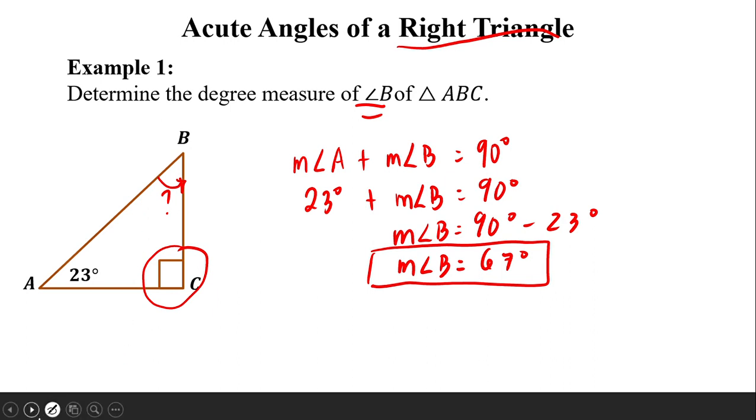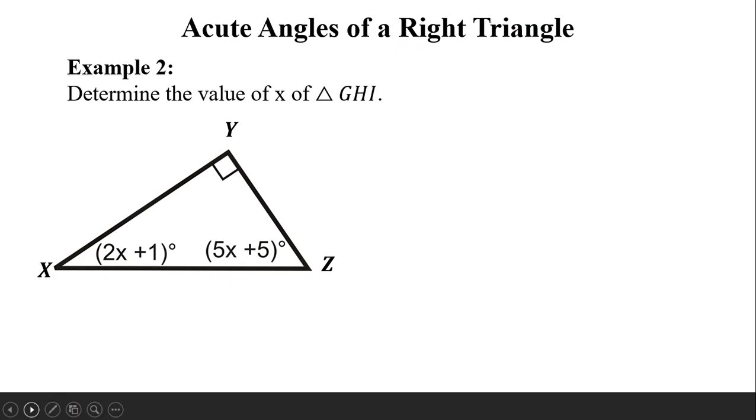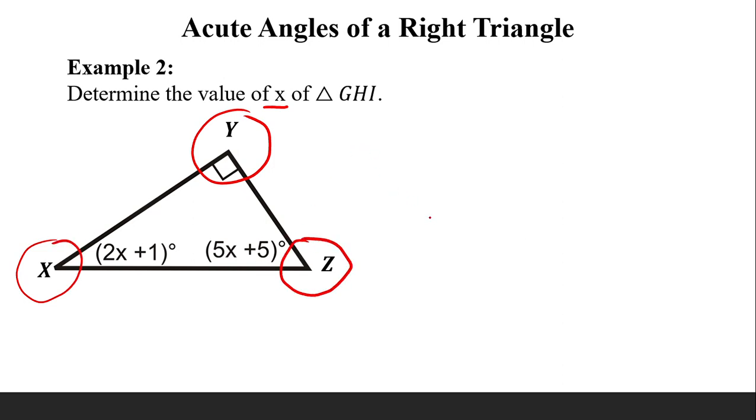Next example. We have example number 2. We need to find the value of x in triangle XYZ. This time, we incorporate algebraic expressions. Our right angle here is angle Y, so the measures of angle X and angle Z are acute angles.